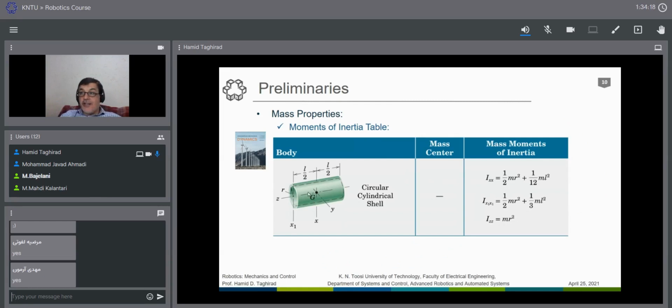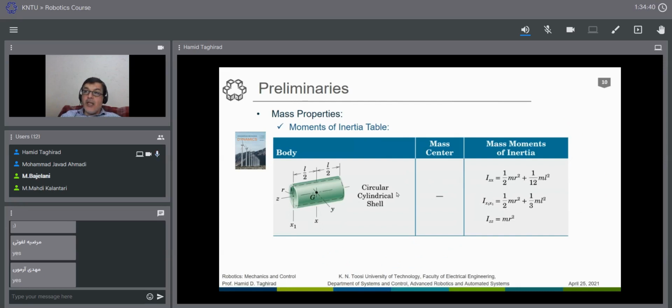Of course, when we have a cylinder it is not completely symmetric, and we have Ixx and Izz available.